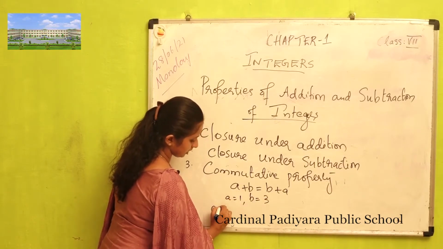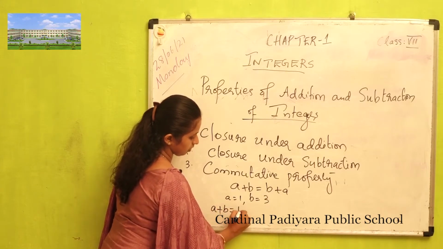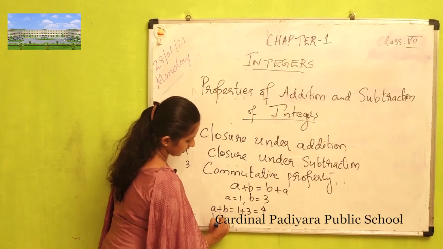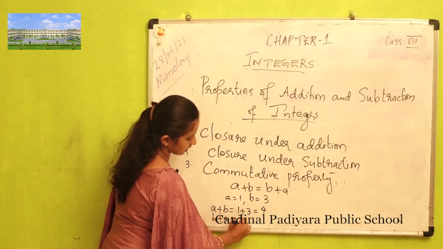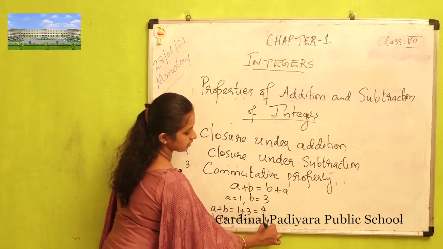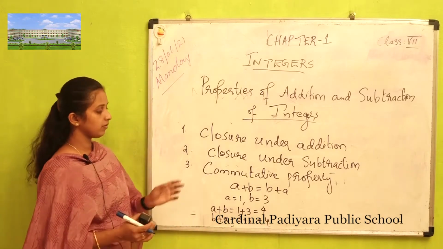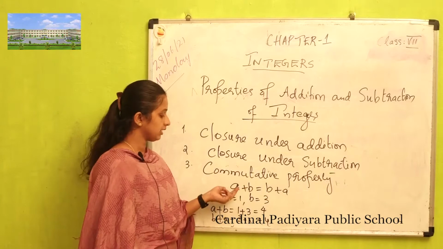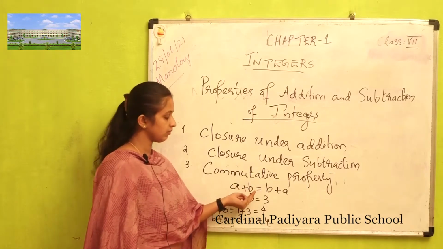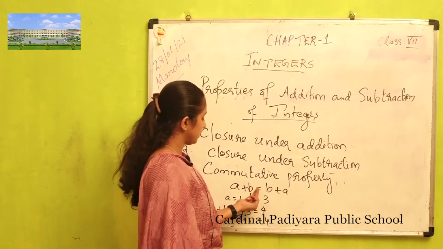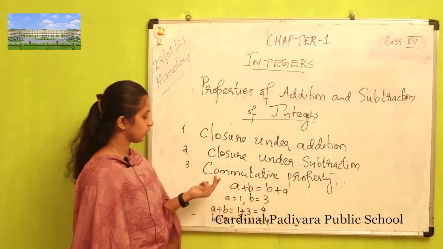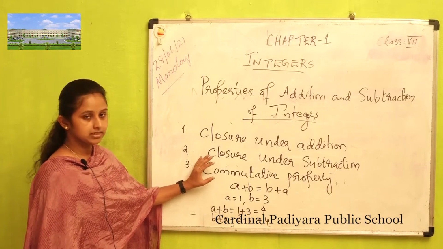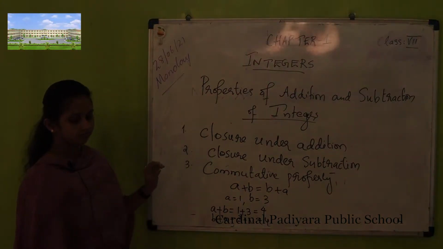That is a plus b is equal to 1 plus 3. The answer is 4. b plus a is equal to 3 plus 1. The answer is 4. So we can say when we are adding two integers a and b, a plus b is equal to b plus a. So we can say that integers are commutative.